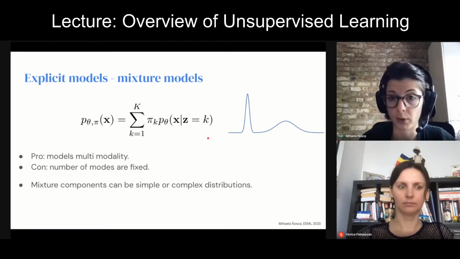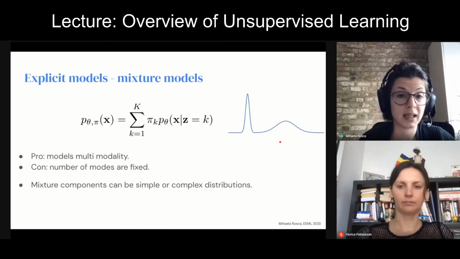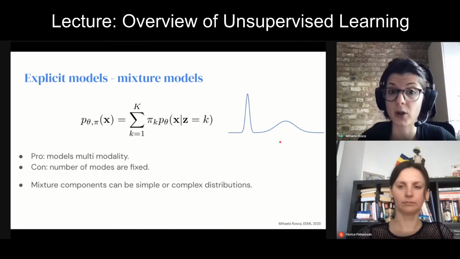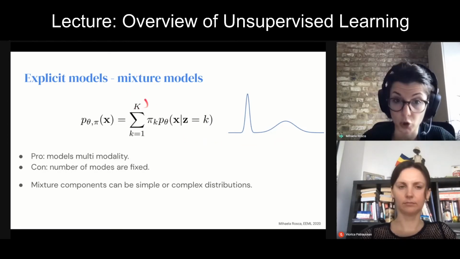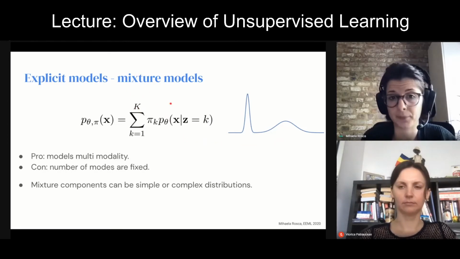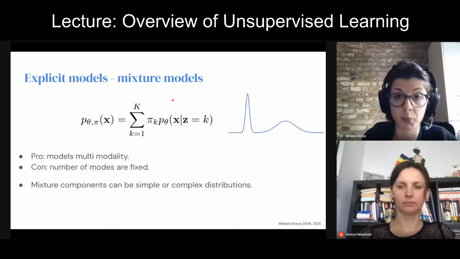So they can be individual Gaussians. And now I can model things like this, things that we've seen that Gaussians cannot do. The challenge with this, though, is that we have to choose k in advance, which can be cumbersome. Also, too large k can lead to overfitting and so on. But they're a very important class of models to know about.